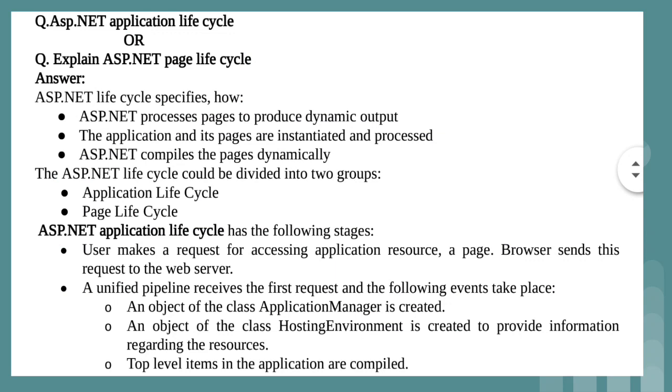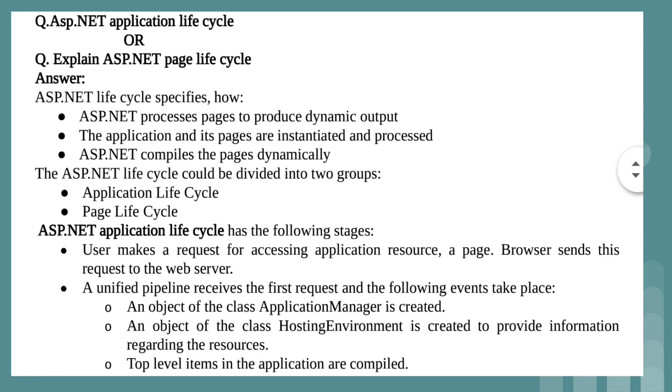Then the browser sends this request to the web server. From the browser this request is sent to the web server, because when we click on the run button, the web browser opens, on which we are able to see the interfaces. So from the web browser we are sending the request to the server. So this is the first step.